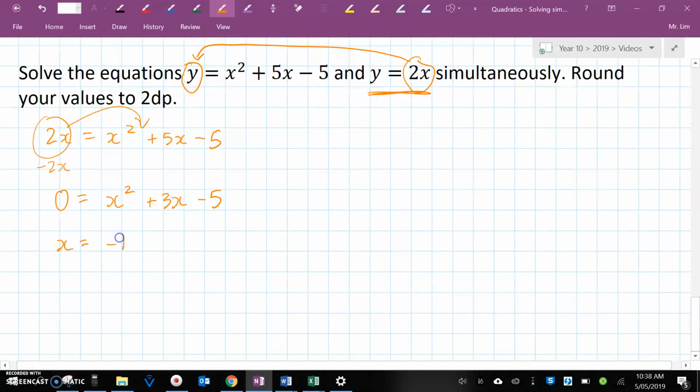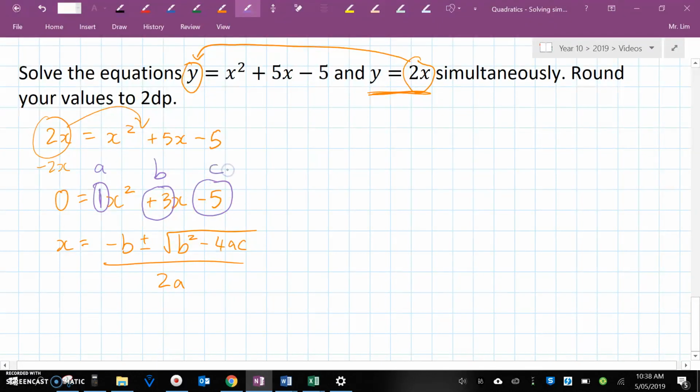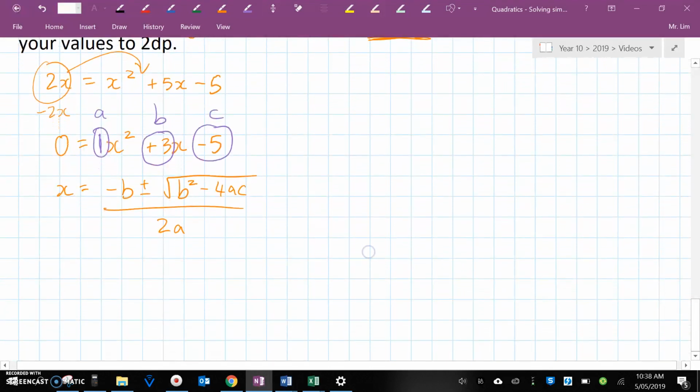x is equal to minus b plus or minus the square root of b squared minus 4ac all over 2a. a is 1, b is 3, c is minus 5. So let's substitute that in.